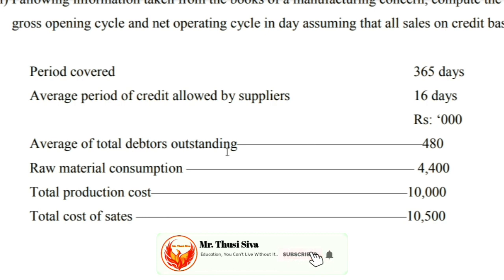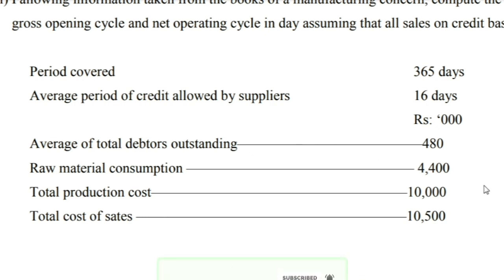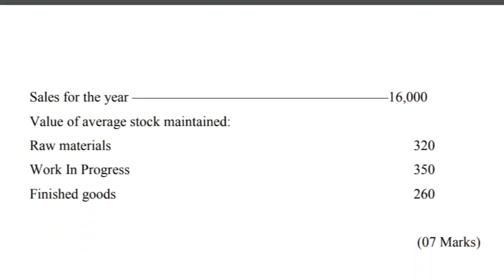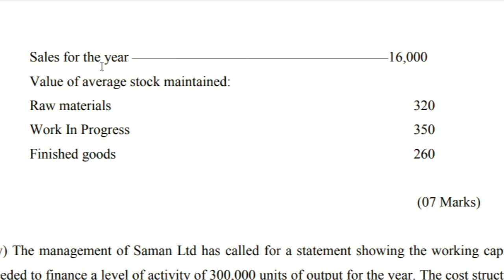Average of total debtors outstanding 480,000. Raw material consumption 4.4 million. Total production cost is 10 million. Total cost of sales 10.5 million. And sales for the year 16 million.